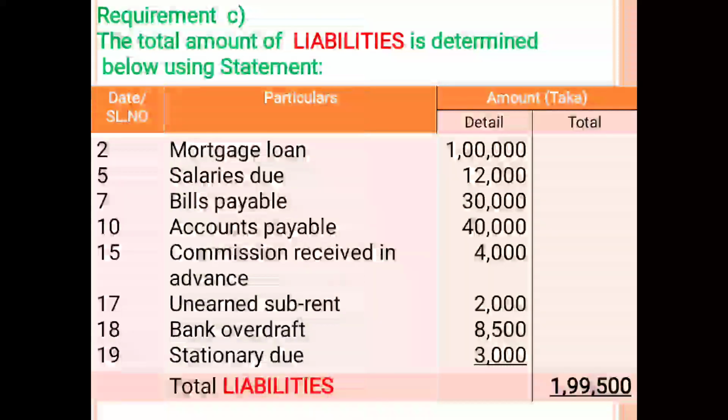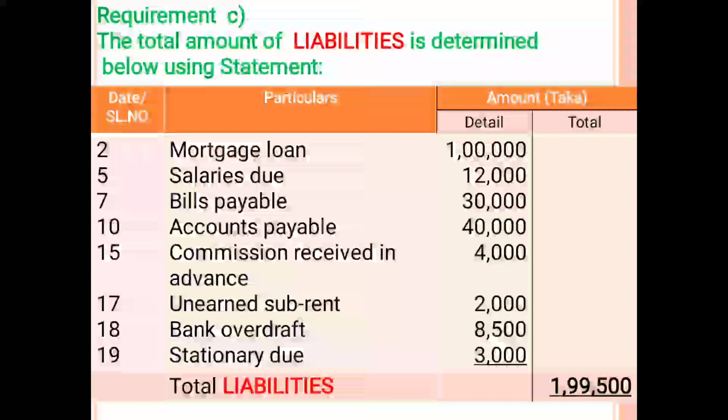But bank overdraft, that is a bank overdraft loan, is one kind of short-term liability. Stationery due: stationery is one kind of expense, but it was purchased on credit, so stationery due of taka 3,000 is a current liability. So in this math, total liabilities are taka 1,99,500.